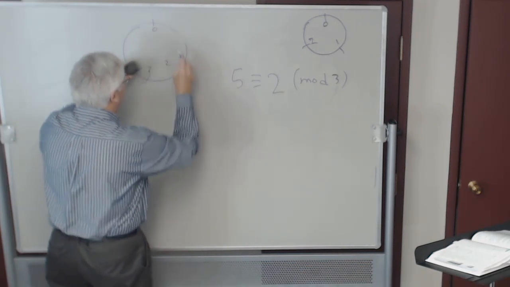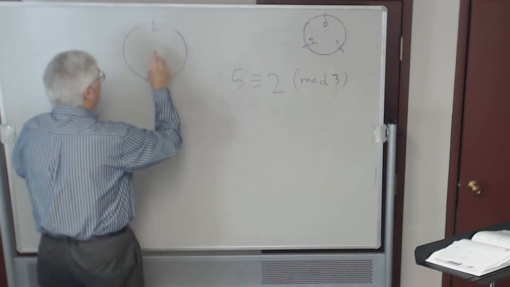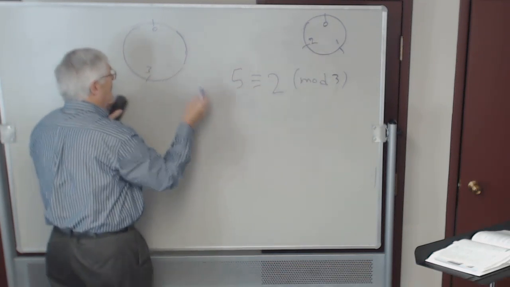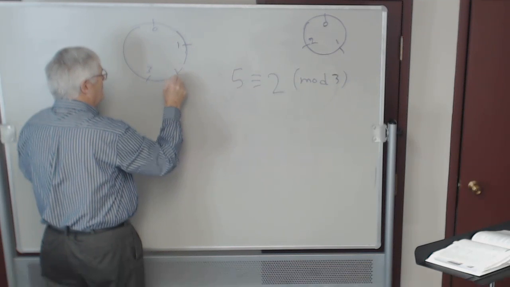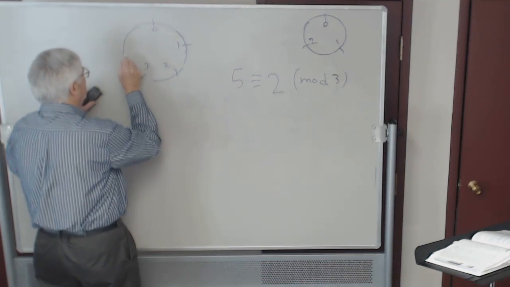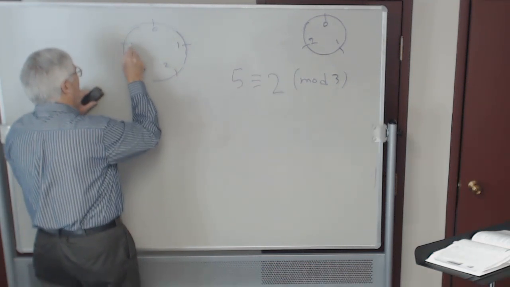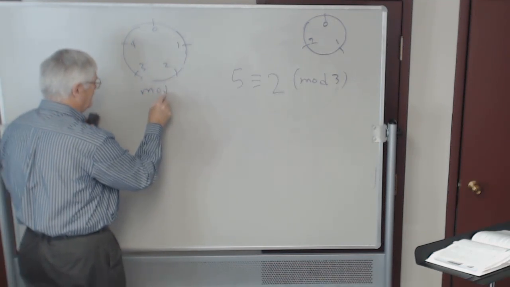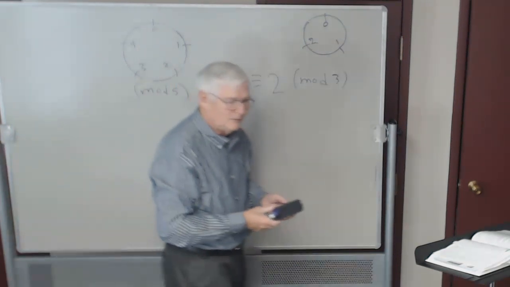Because modulo 5, if modulo 3 has 0, 1, 2, what's modulo 5 going to have? 0, 1, 2, 3, and 4. Okay, and that's modulo 5. So every one of these, you draw a different picture for it.